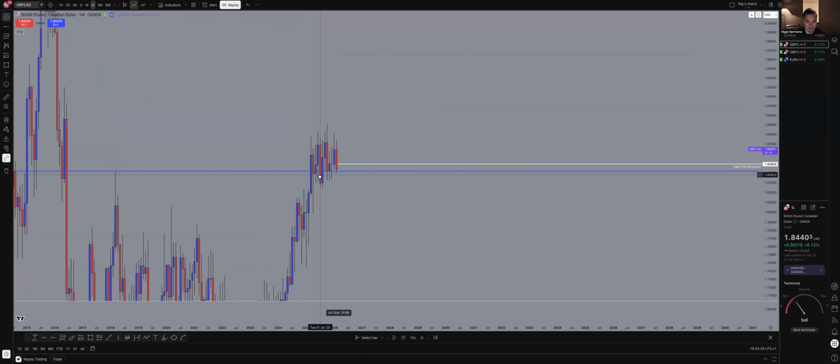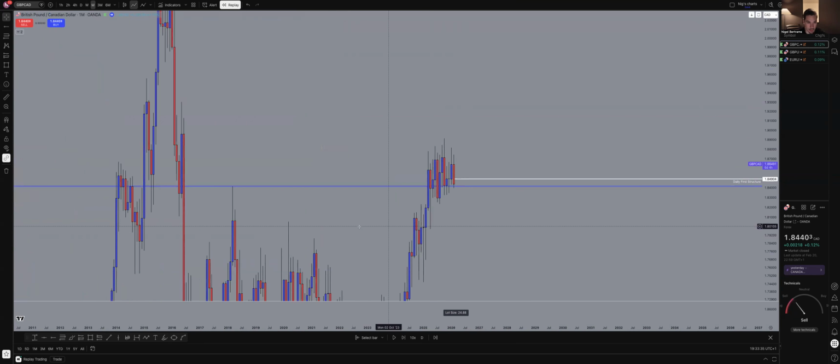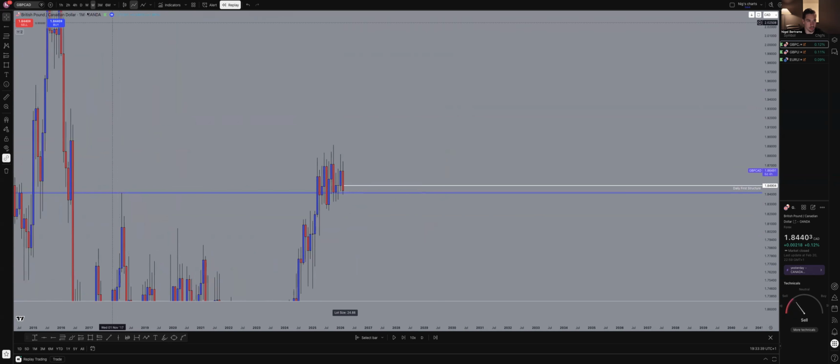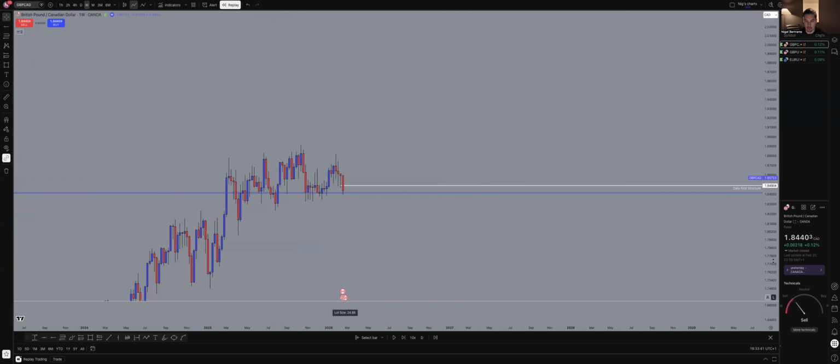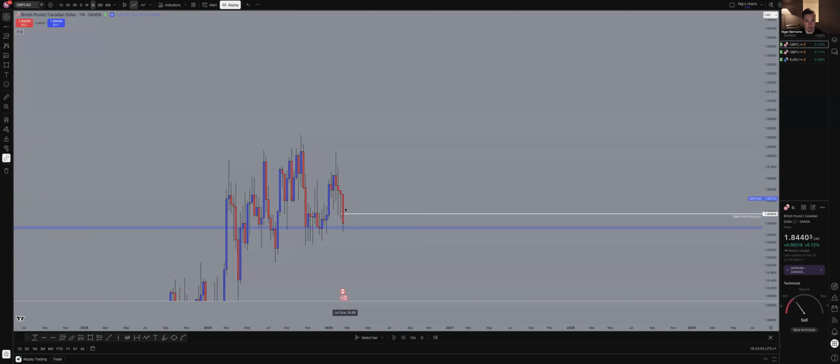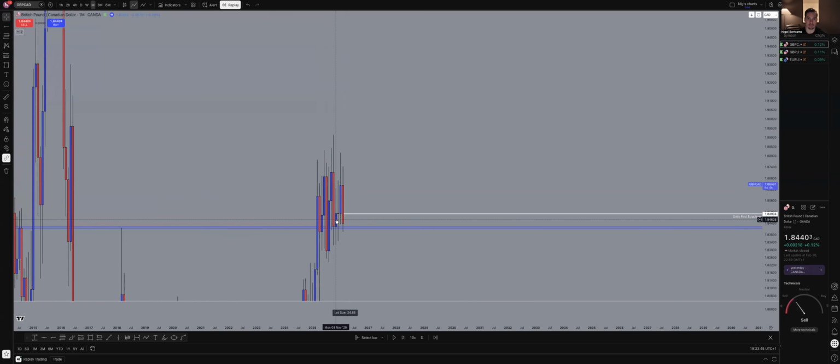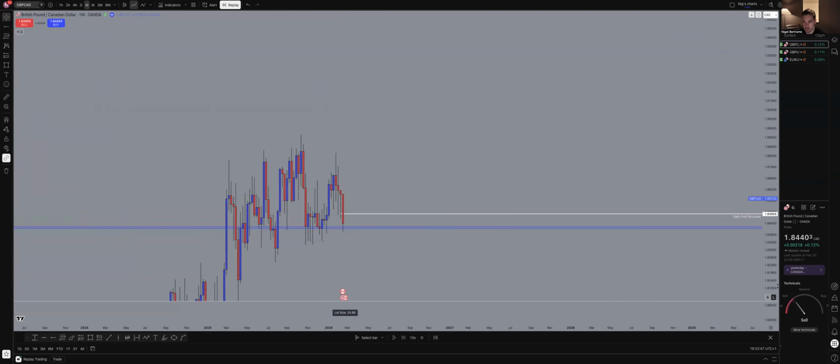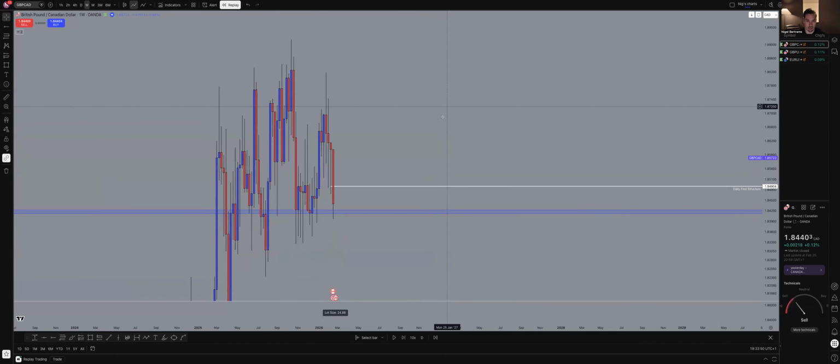If we go to the monthly, we tap these lows, this big buying zone. And as I can see in the past, we have some nice impulses from this zone as well. You can see it's a bit choppy, but for me, the most important thing is that we have a strong buying zone.